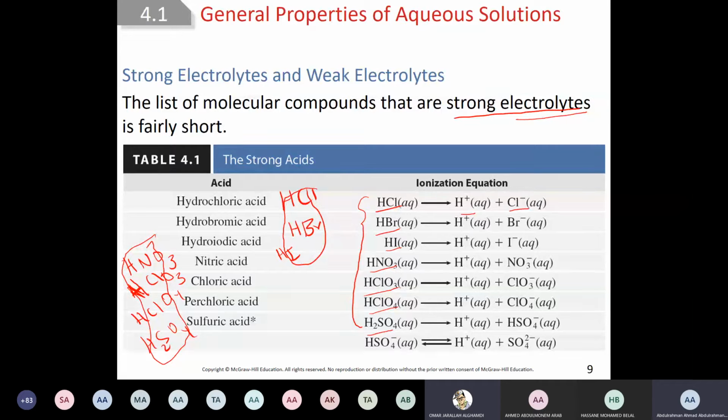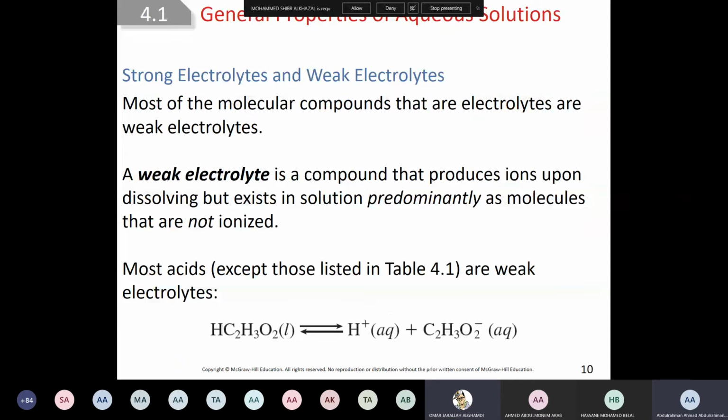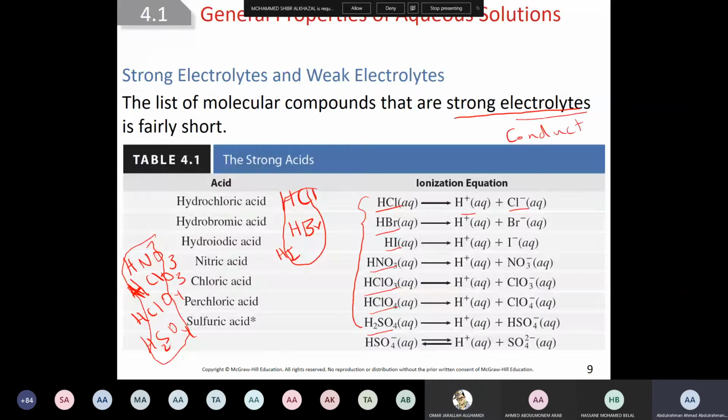High electricity conductor. It conducts electricity. You have to know this, and you have to memorize it. Good. All right.